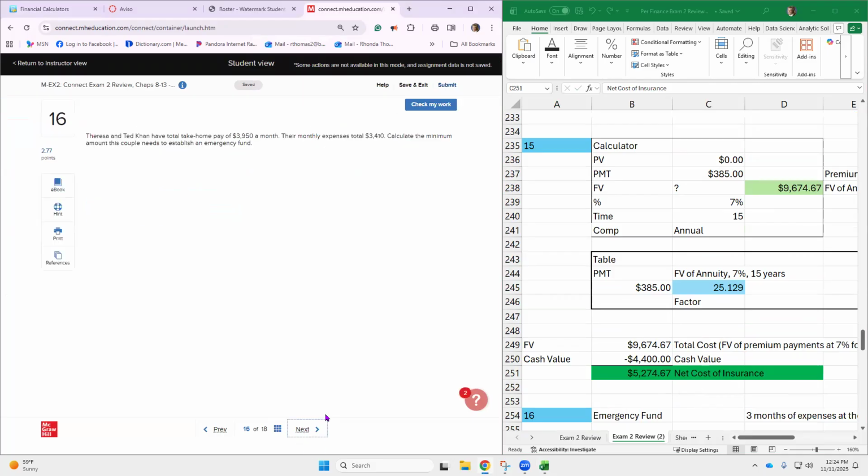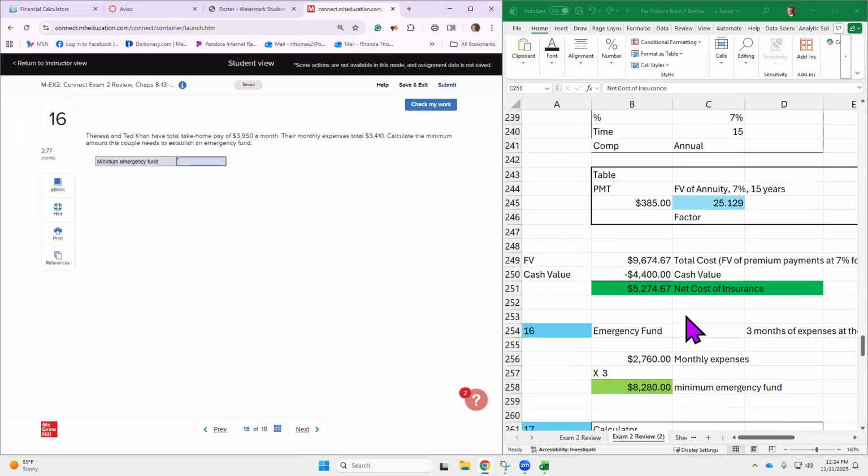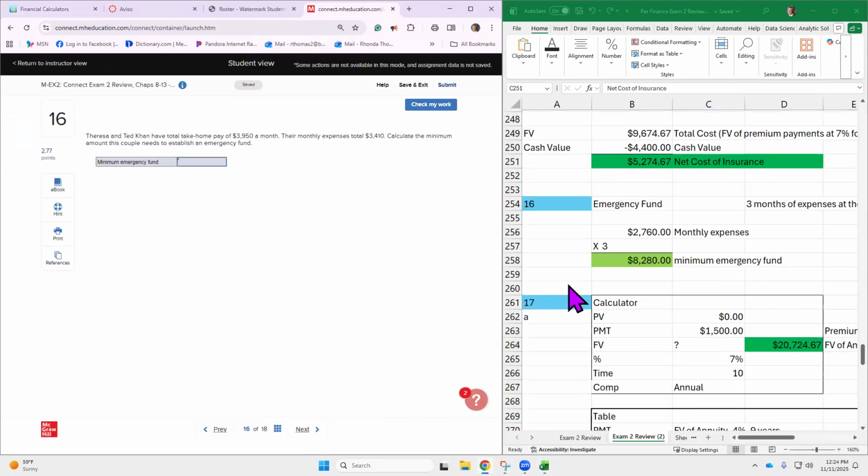All right, 16, pretty quick. How about an emergency fund before you start investing? The book suggests that the minimum amount of an emergency fund is your monthly expenses times 3. Notice they put the take-home pay there just to mess with your head, so be sure to put the expenses down.